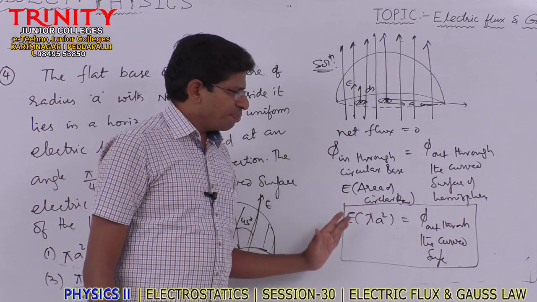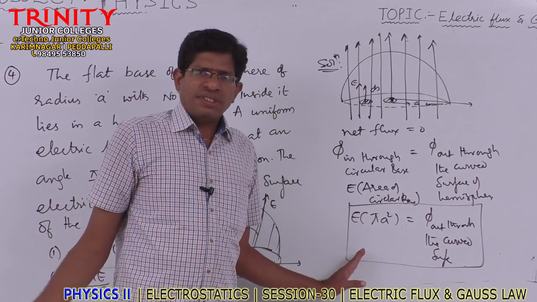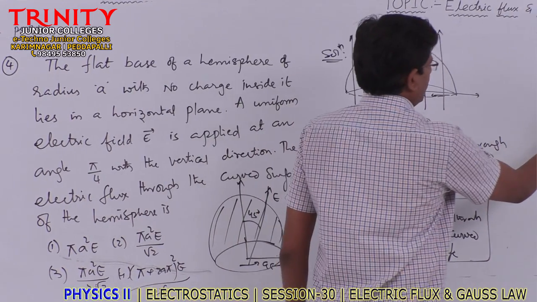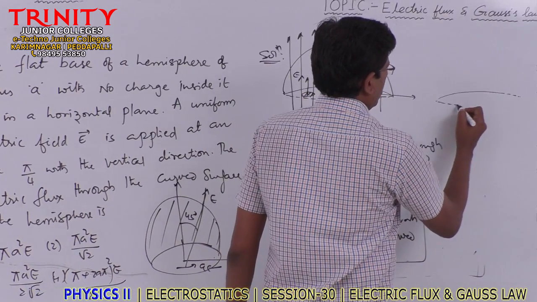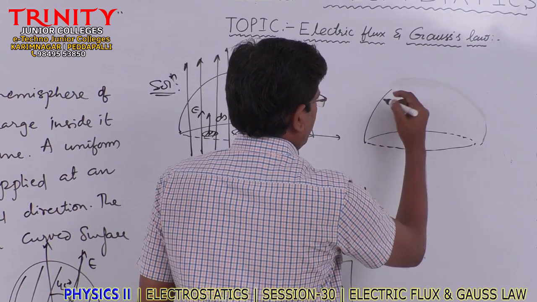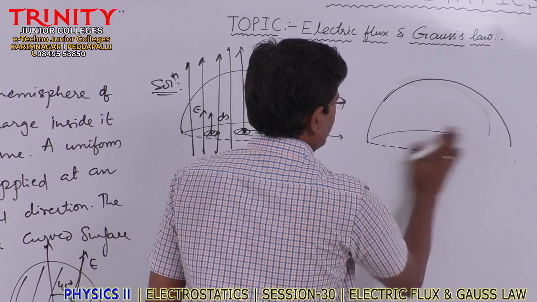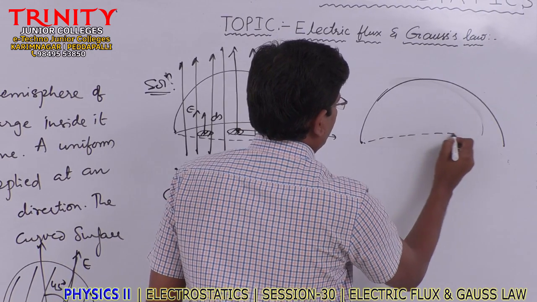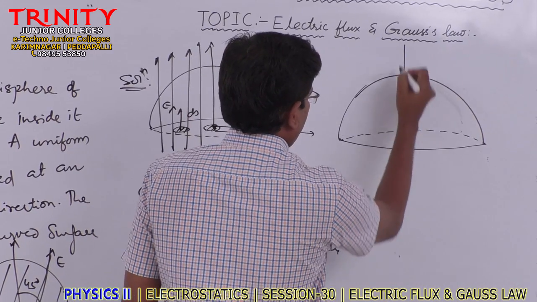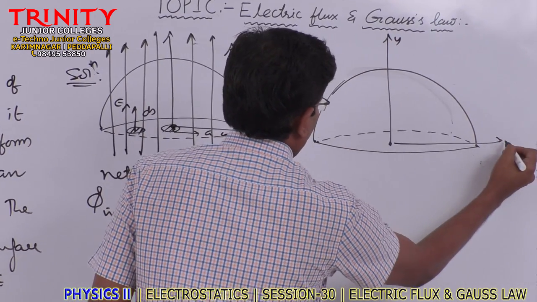This is the previous knowledge you should have in order before answering this question. The only difference here in this question is, let me redraw this. This is the hemisphere given, okay, and the difference you easily understand, I think.